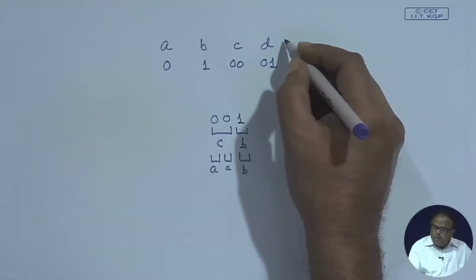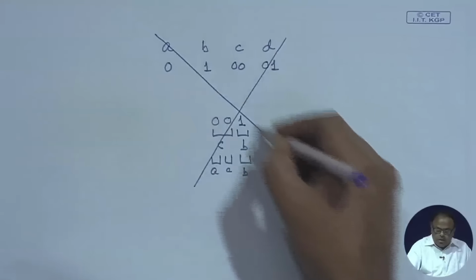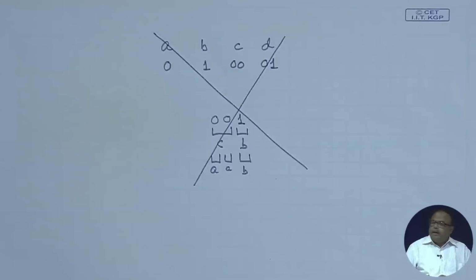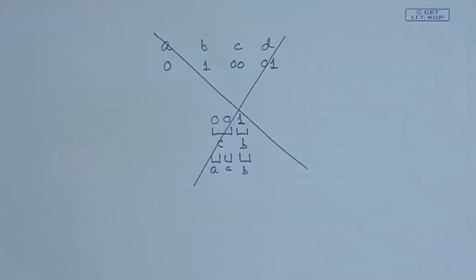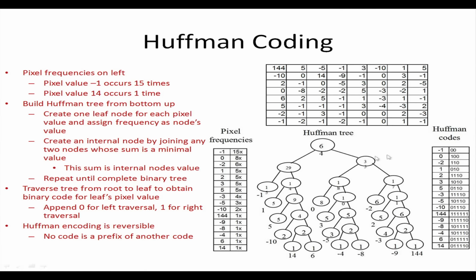But that problem is not appearing in the case of Huffman coding. So, purely these are unique encodings that we get, and the other property of this encoding is that I am associating larger number of bits for the low frequency high information component.